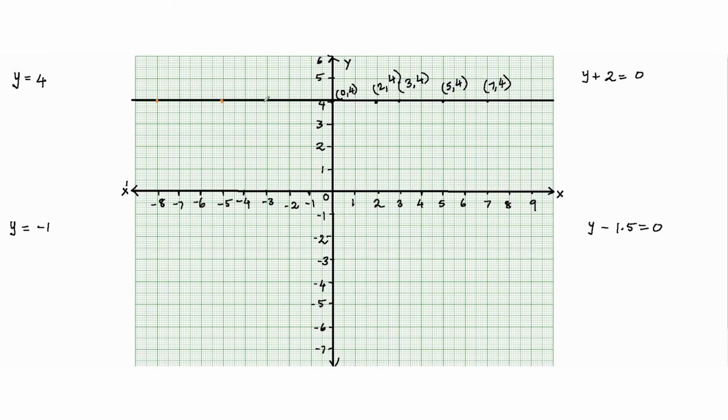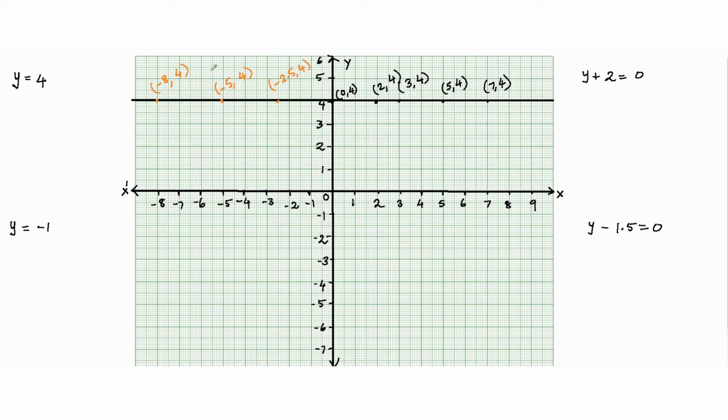So let us pick these points and let us find their coordinates. The x coordinate of this point is -8, but the y coordinate is still 4. The x coordinate of this point is -5, the y coordinate is still 4. The x coordinate of this point is -2.5, the y coordinate is still 4.